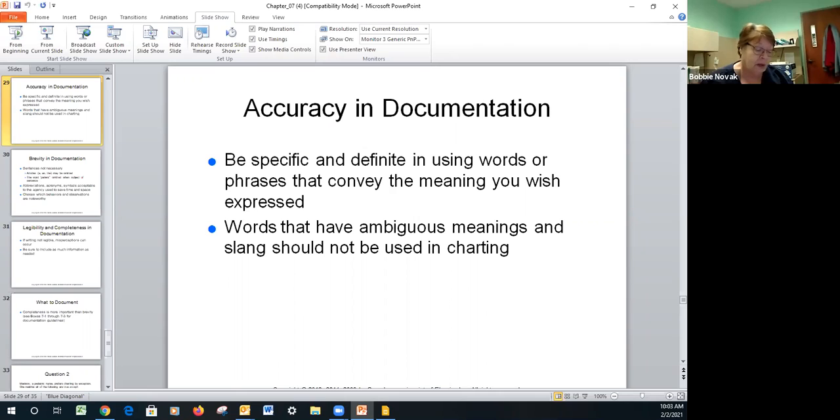Wouldn't it be more specific to say no adverse effects from medication noted? Or, you know, patient tell what happened, could be things like patient walked in the hall, something that will move towards your goals. That would be more specific, right?